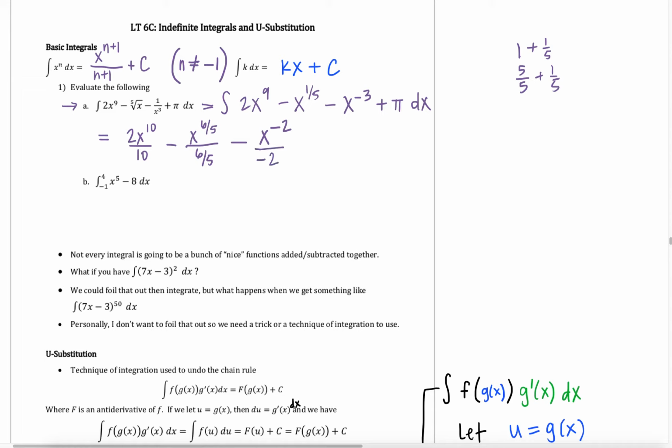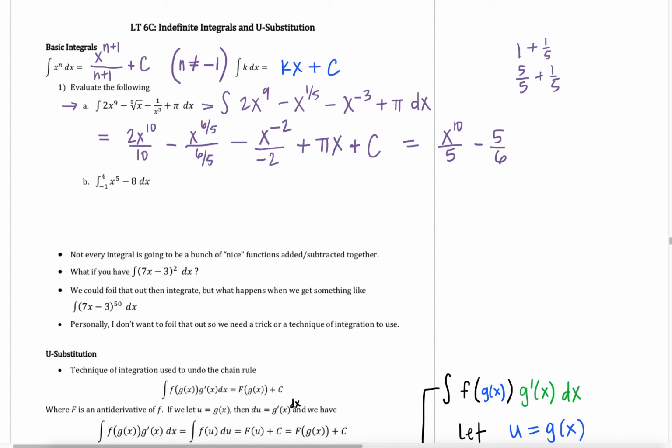And then for the pi, since pi is a constant term, the integral of any constant is that constant times our variable of integration, which is x for us. And since we have no bounds on our integral, we'd end up with that plus c. Just to simplify this down, we can reduce the 2 over 10 to be x to the 10th over 5. When I divide through by a fraction, it's the same as multiplying by the reciprocal.